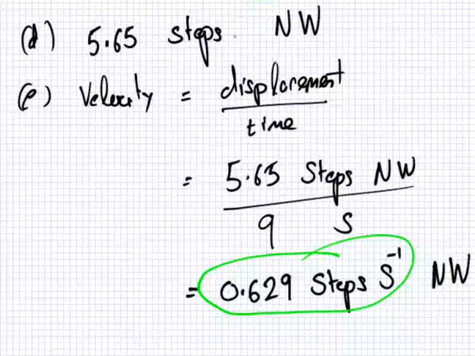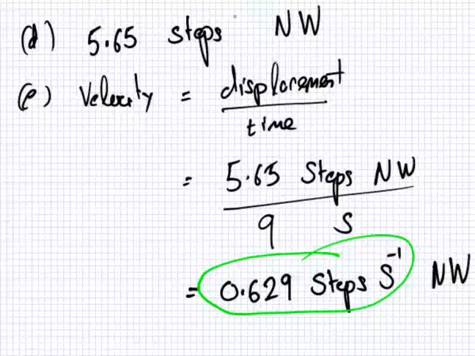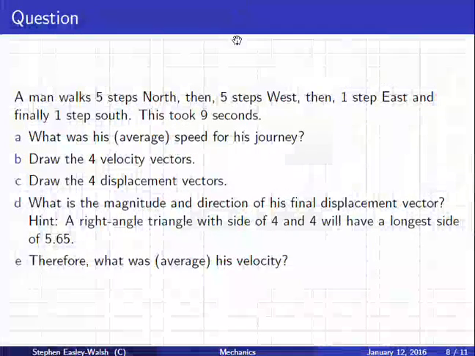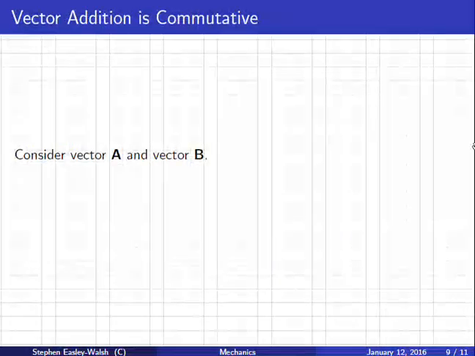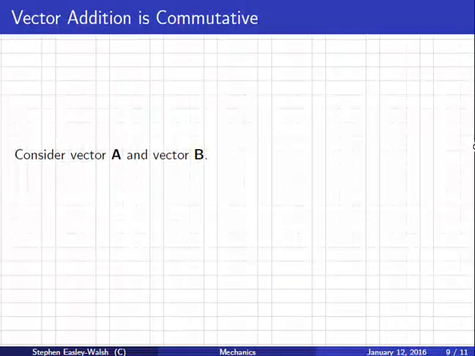This is his final position. So the number of steps he took will be 5 plus 5 plus 1 plus 1, so he took 12 steps. So it's 12 divided by 9. So his speed is the distance divided by time, so that's 12 steps divided by 9 seconds.